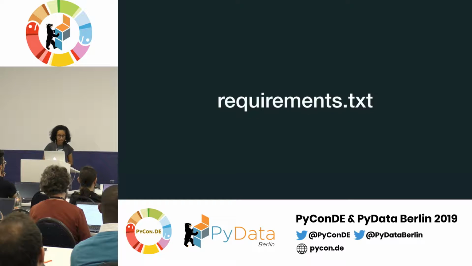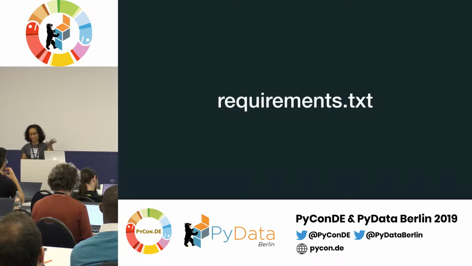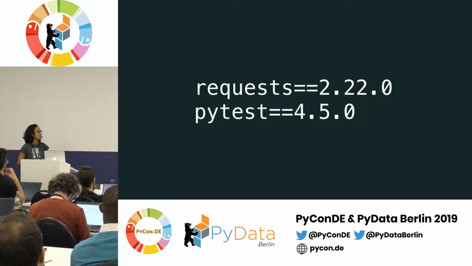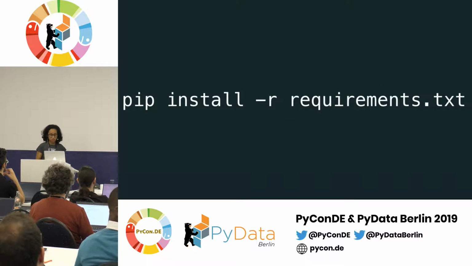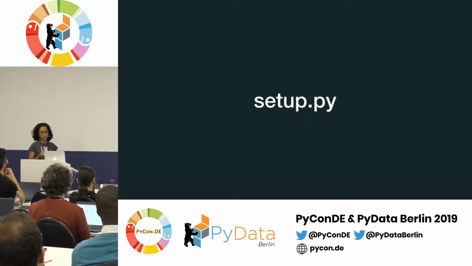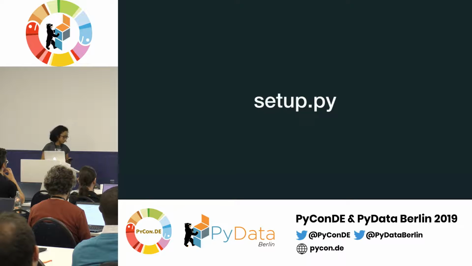Or not necessarily config files, but it comes with many files. One of those files is the famous requirements.txt, where your dependencies usually live. You define your dependency and the version of that dependency that you want to use, and you install it with pip install. And you also have the setup.py, which is a Python file that tells us that the package we are about to install was built, packaged, and distributed with distutils.